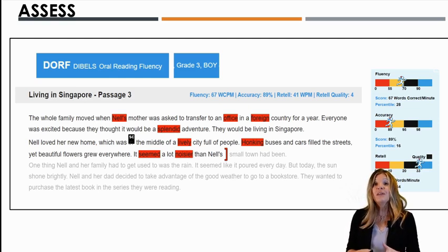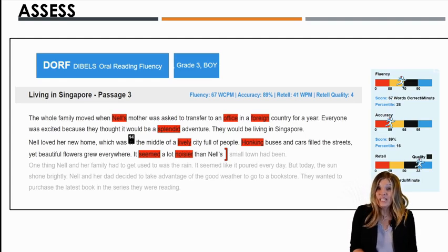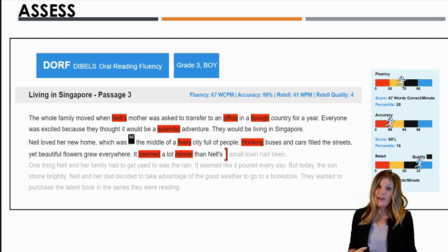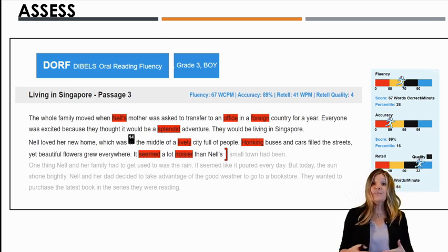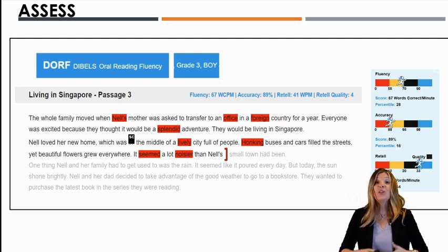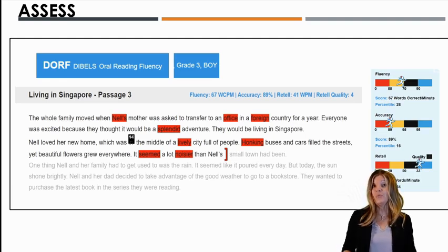I would also tune into their error pattern. Not just whether they missed that word, but why did they miss that word? Are they leaving off endings or morphemes? Or are they mixing up vowel sounds? So I would make notes about exactly what their error patterns were. And I would teach those phonics skills before I would ever worry about how many words correct this student read.